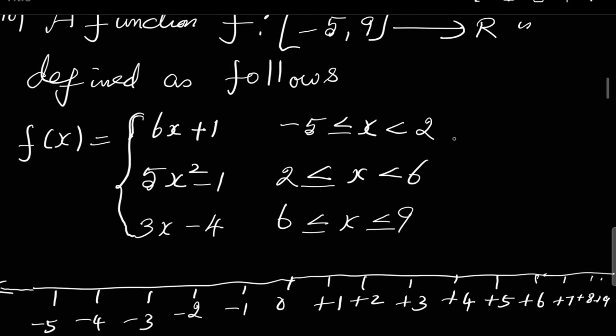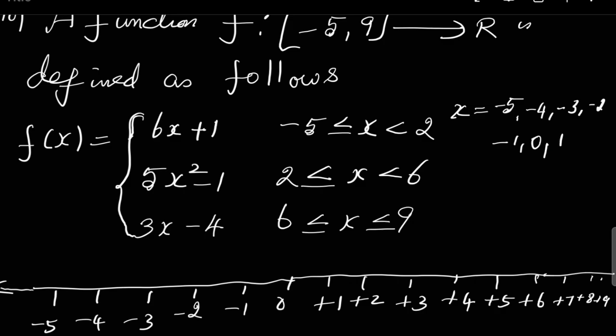So here x takes the value minus 5, minus 4, minus 3, minus 2, minus 1, then 0, then 1.